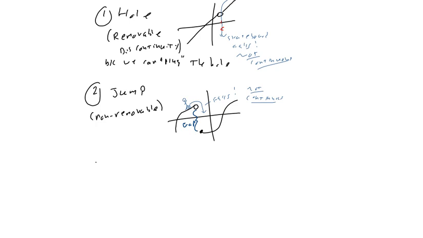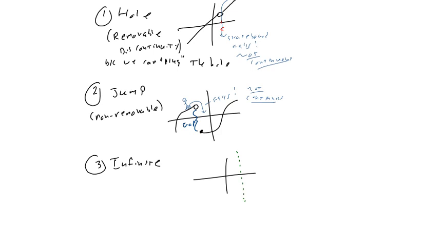Third type of discontinuity is, what do they call it? They have a certain word for it. It's an infinite discontinuity. And that's when we have a graph that has like a vertical asymptote.